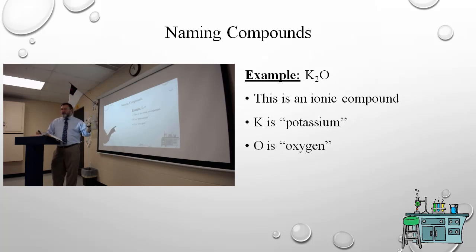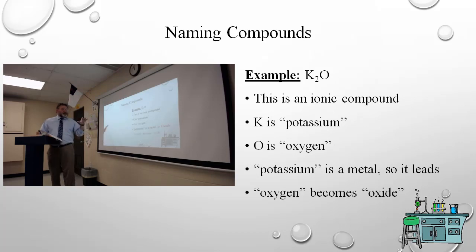But since it's ionic, the potassium, the metal which leads, keeps its name. It doesn't have to change its name. So potassium stays potassium, but oxygen has to become oxide. And so the name of the molecule that has 2 potassium atoms and 1 oxygen atom is potassium oxide.